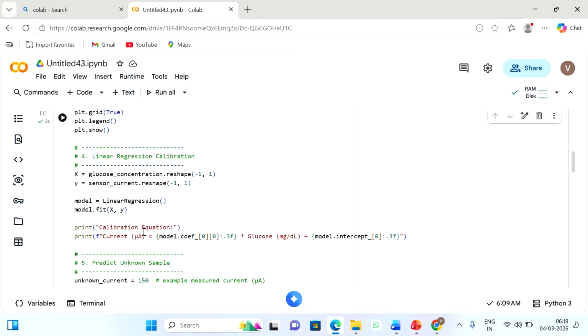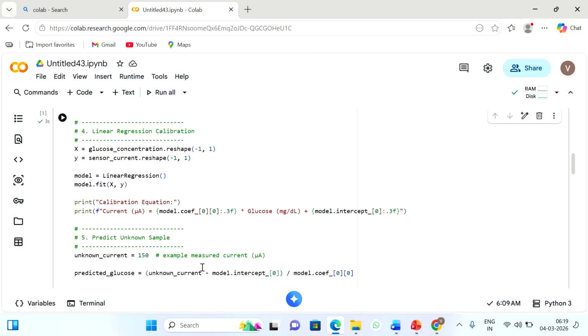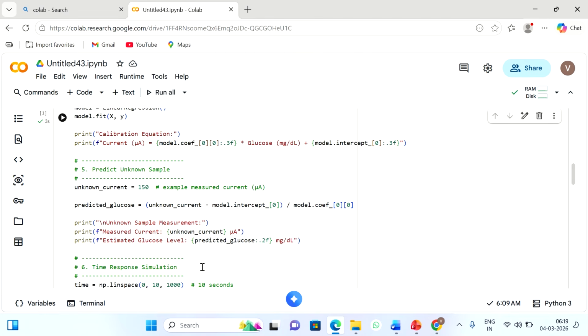Then print the calibration equation. So current in microampere is equal to m * glucose in mg per dl + b, and this is exactly how real glucometers are calibrated.